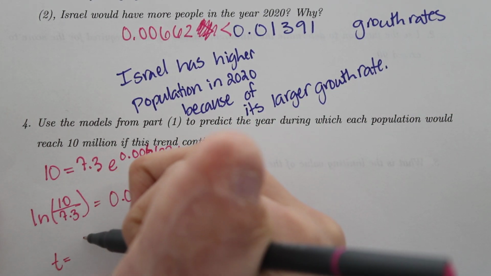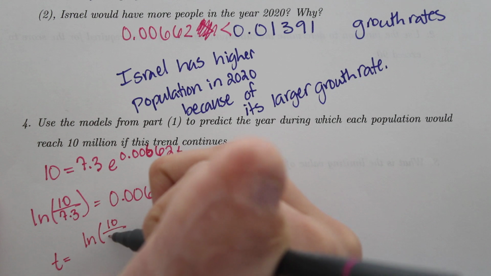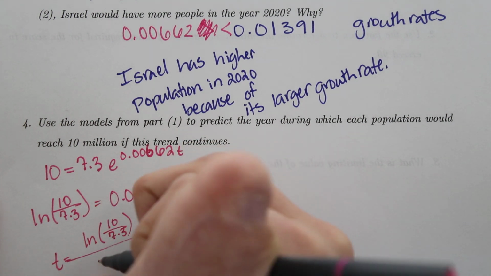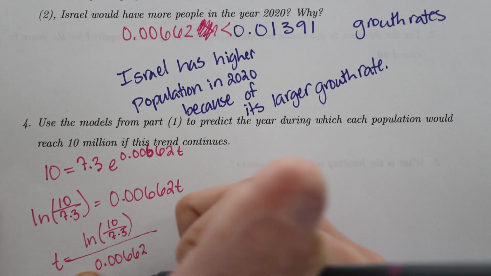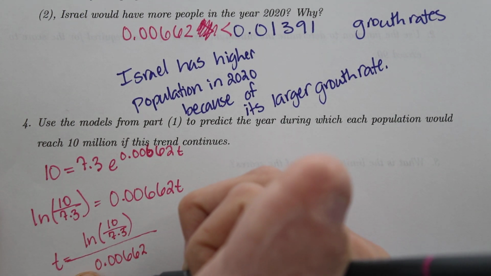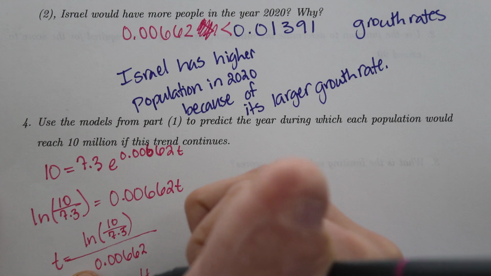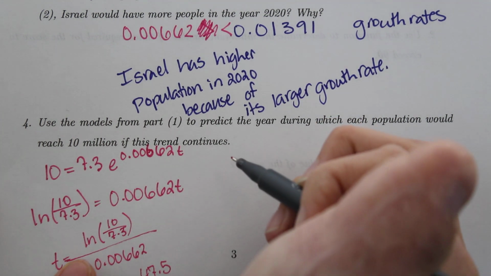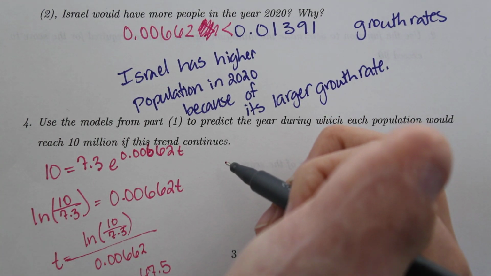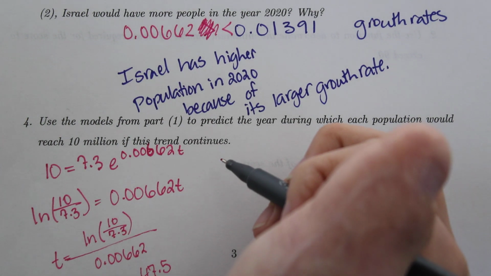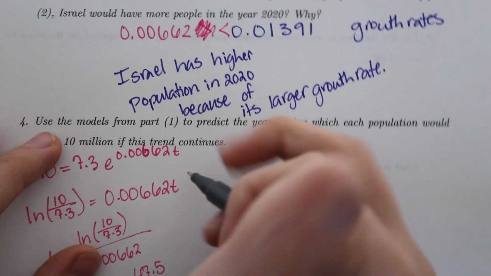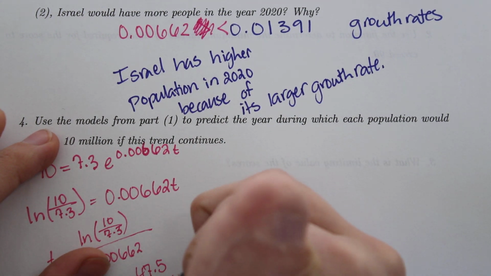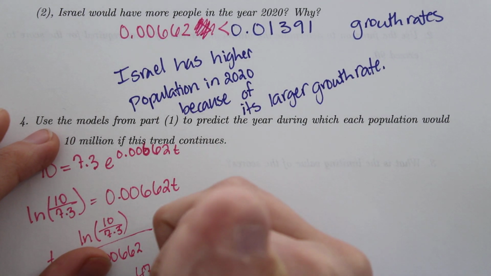So we get that t is equal to ln of 10 divided by 7.3, divided by 0.00662. So t is equal to 47.5. Now remember, t is the number of years since 2000. So if we add 47.5 to 2000, we would get that it happened sometime in the year 2047.